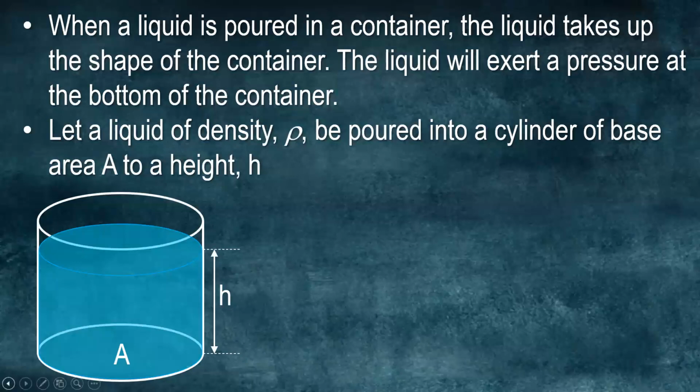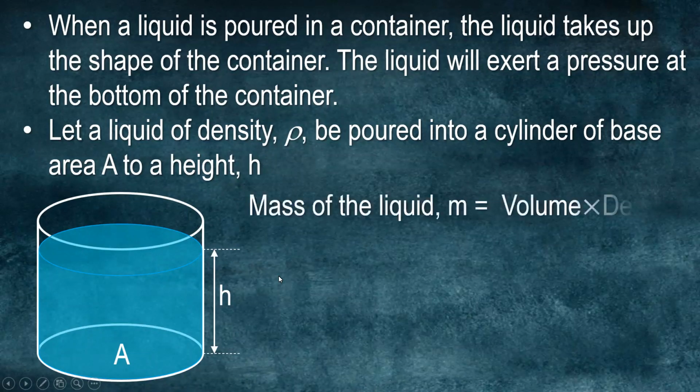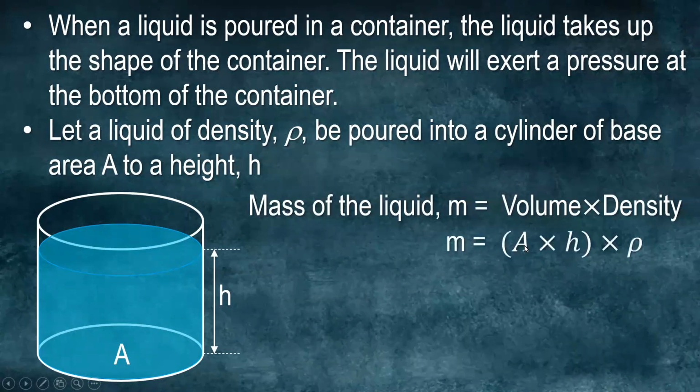So we have a cross-sectional area A, and the height is h, or in other words, the depth from the liquid surface to the bottom is h. The mass of the liquid is volume times density, and the volume is simply cross-sectional area times height.